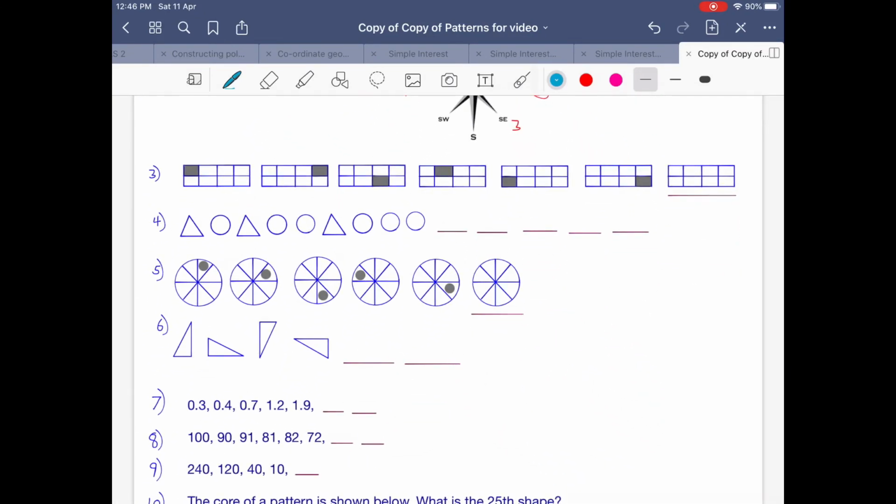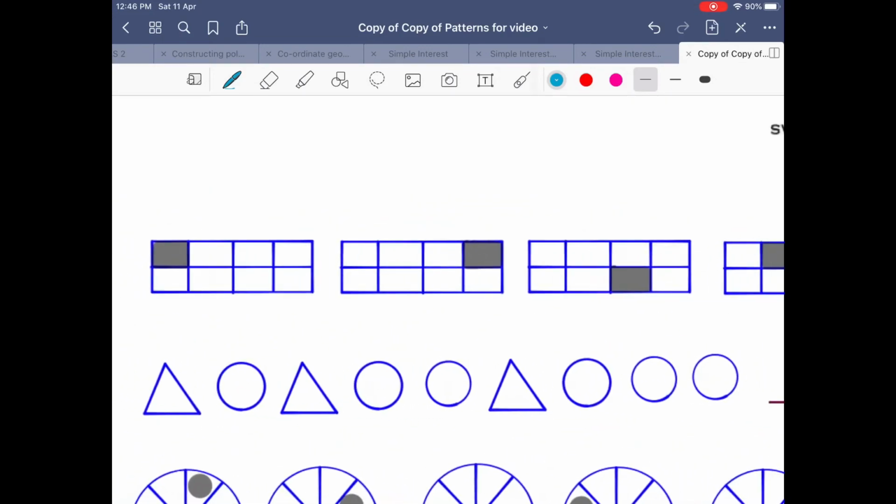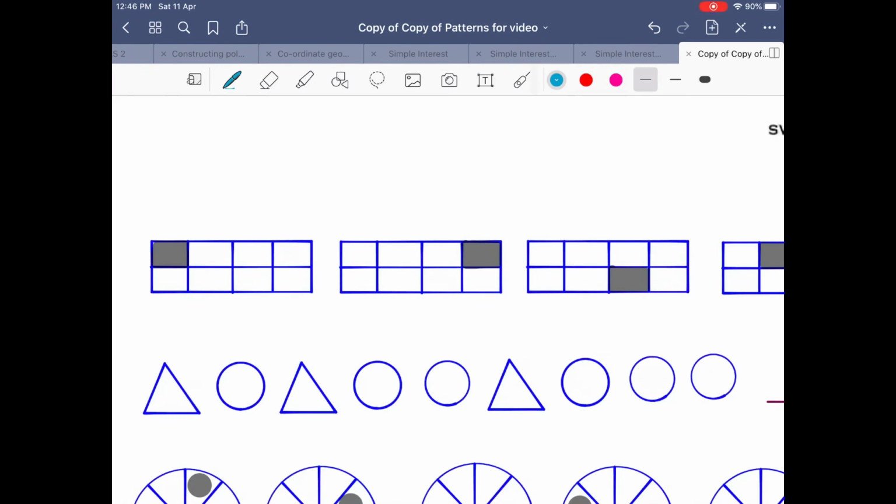Next, we have some boxes, each one having 8 boxes. So let's see what kind of pattern we have here. The first one here is shaded, then we skip 1, 2, and then we shade the next one.